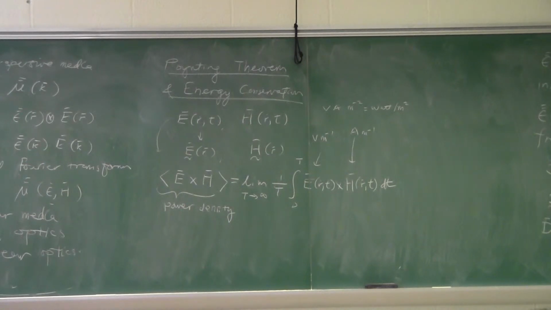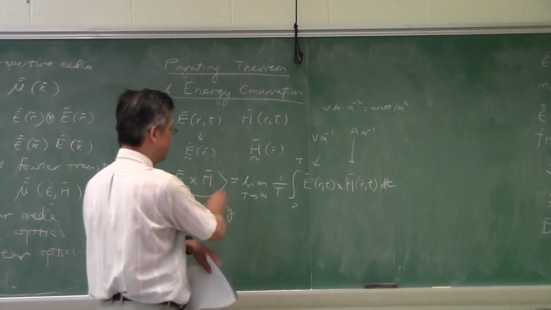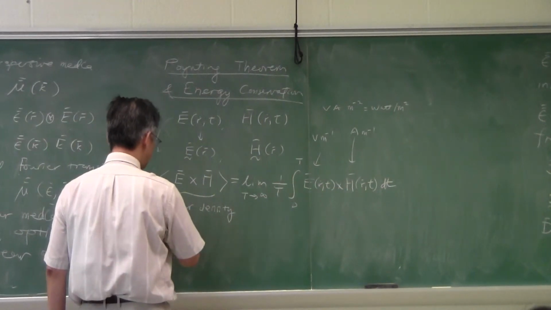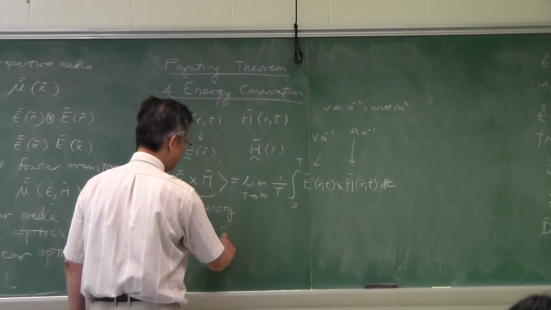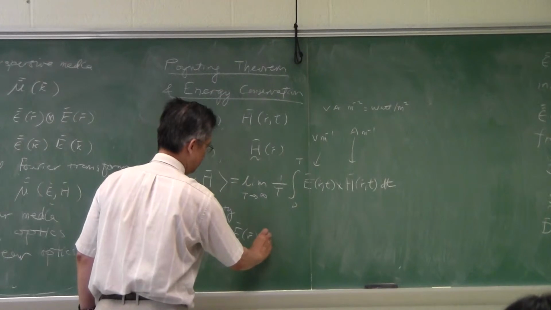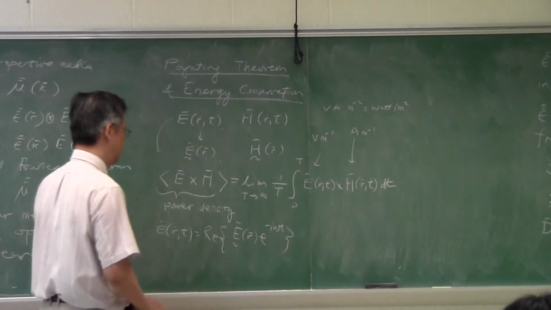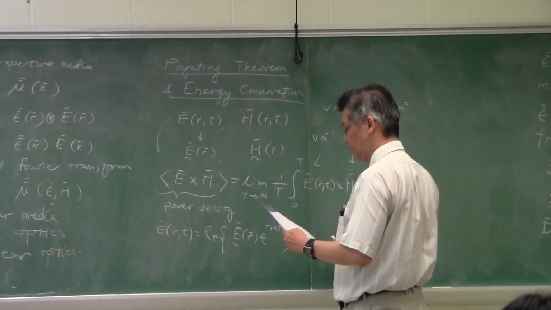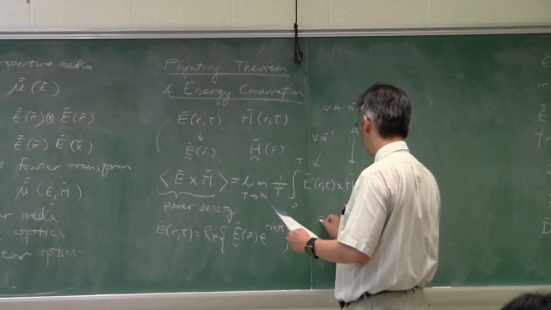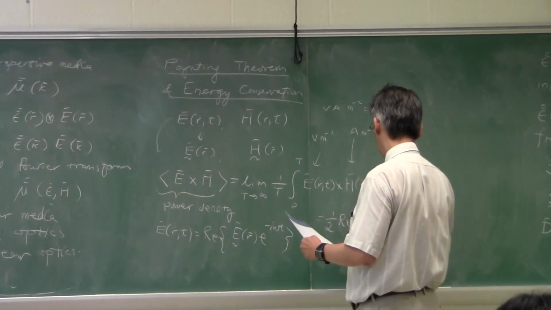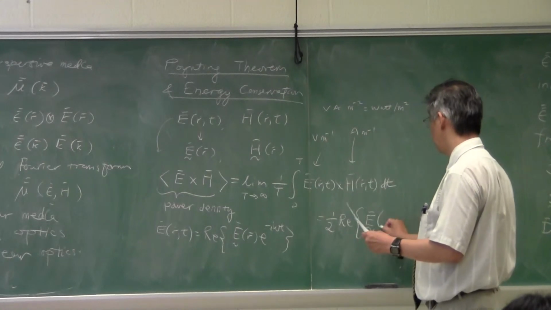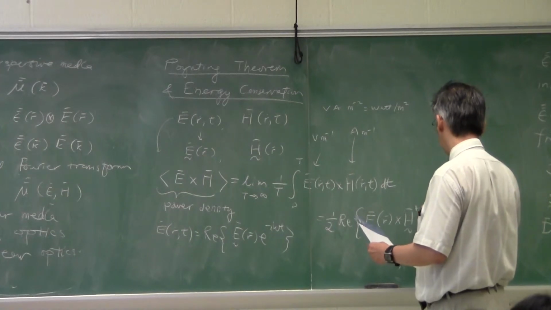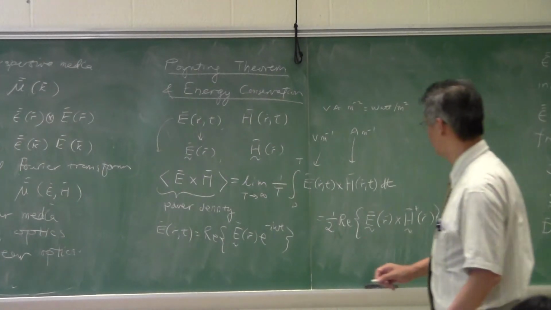And you can prove that if this is a time harmonic signal, and E of r,t is given to be the real part of E of r, e to the minus i omega t, you can show that this quantity can be written as half the real part of the phasor representation E crossed with the complex conjugate of the phasor H. I guess all of you know this, right?